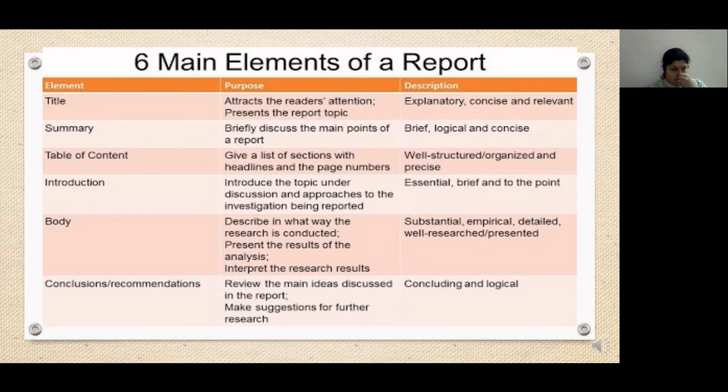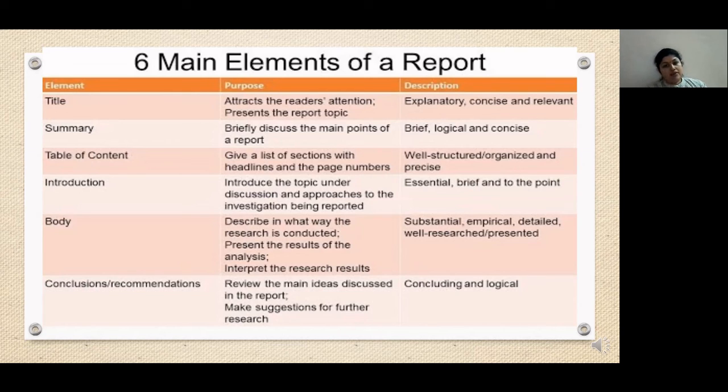In conclusion, or in recommendation, what we do is review the main ideas discussed in the report and make suggestions for further research. We conclude, and then we further give suggestions about what can be done in order to enhance the functioning, and if there is a problem, what are the ways through which the problem can be resolved.